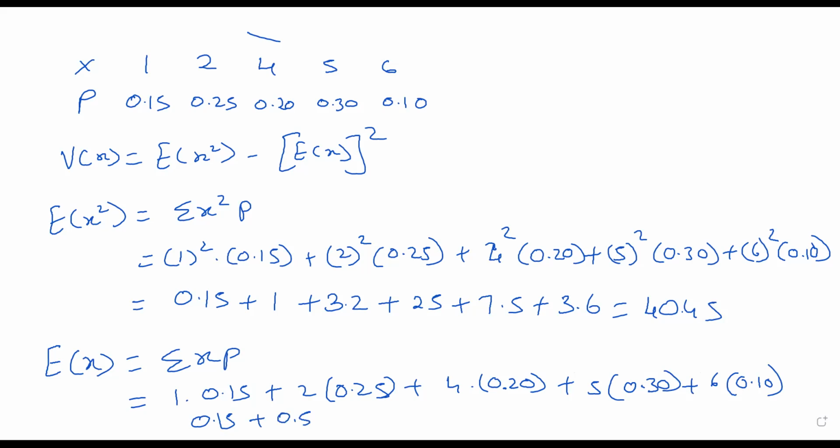Then 4 into 0.2 is 0.8. 5 into 0.3 is 1.5. And this is 0.6.